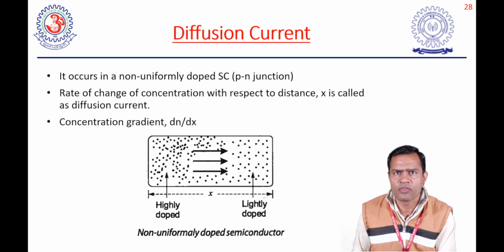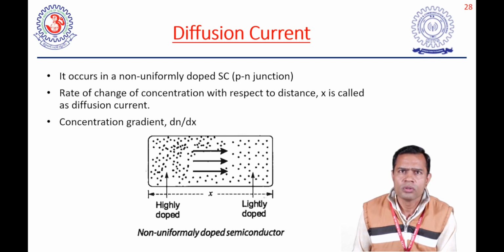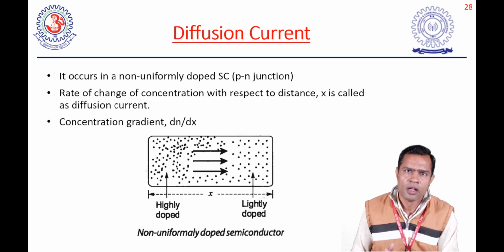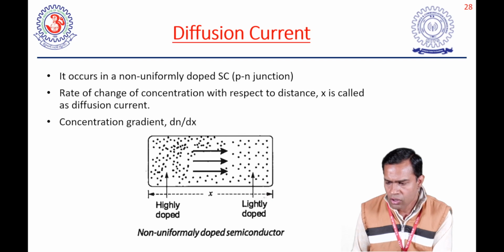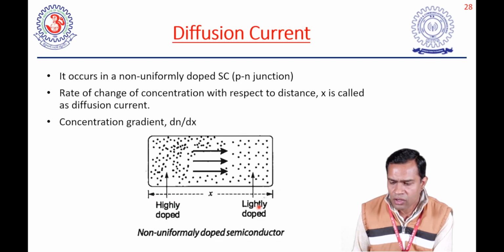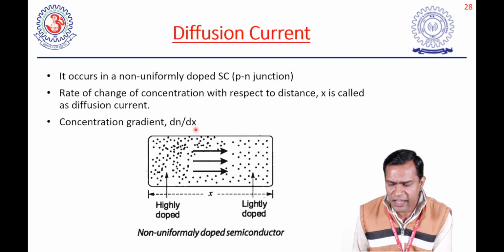Now come to the diffusion. Diffusion current, as I already told, is due to concentration gradient. Concentration gradient may be due to holes or due to electrons, so diffusion current takes place. Suppose x is the distance, so we can write the concentration gradient like this, dn upon dx.